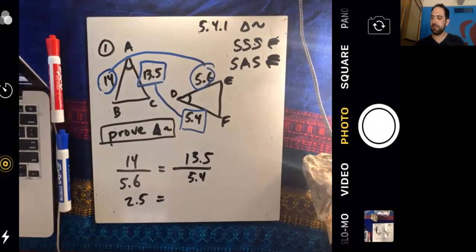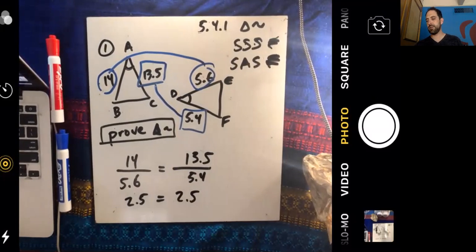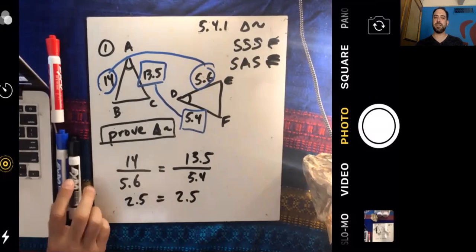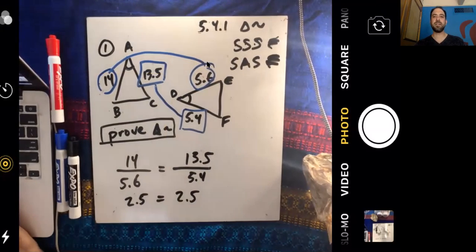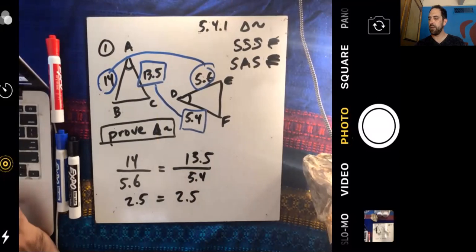I need to have 2.5. 13.5 divided by 5.4 is 2.5. 14 divided by 5.6 is 2.5. So because the ratio between them is exactly the same, we know that these are similar. We don't know which criterion would prove that, right? But what we do know is that if the proportion works out, then we know it has to be similar.